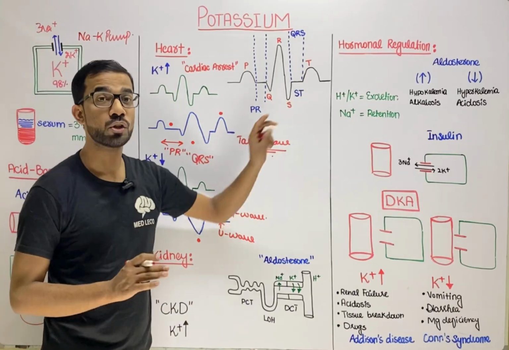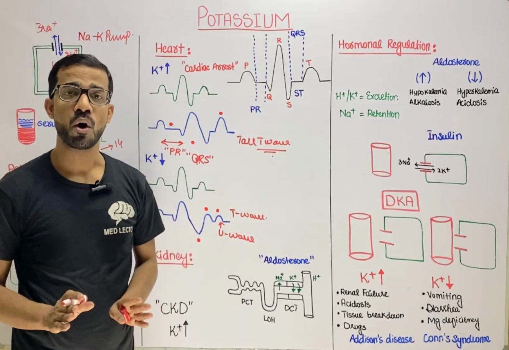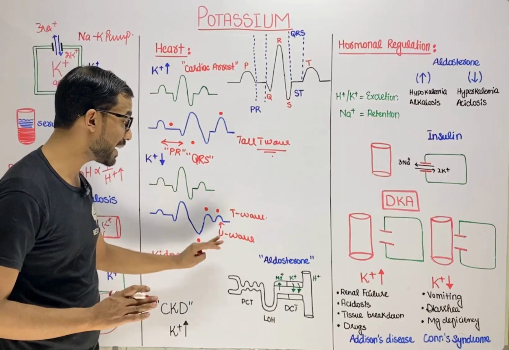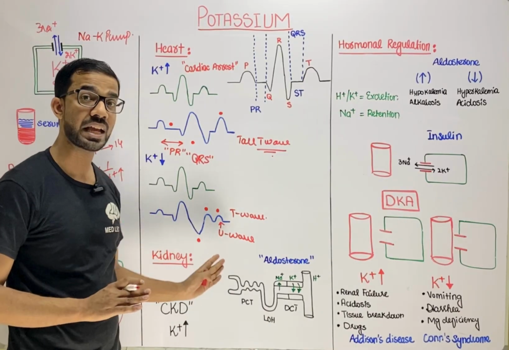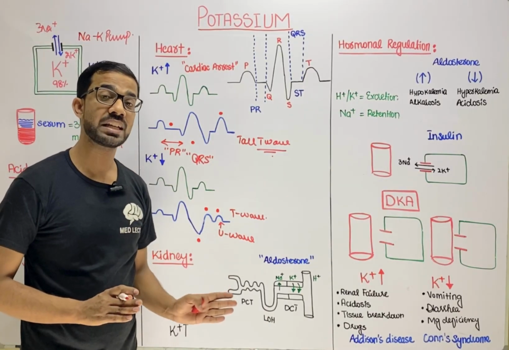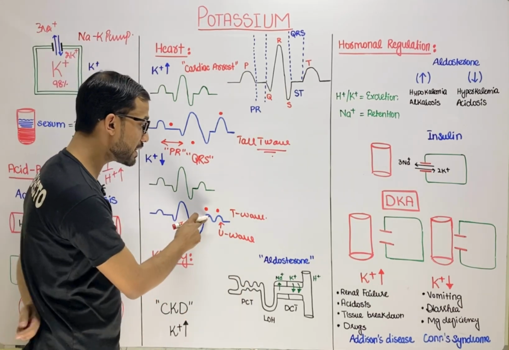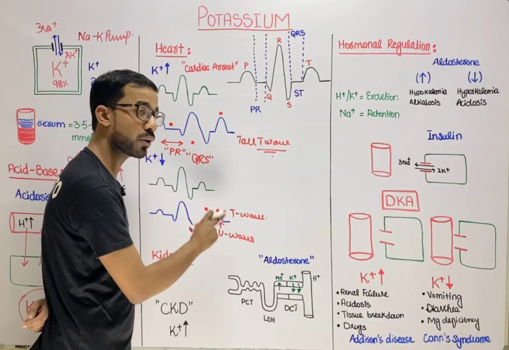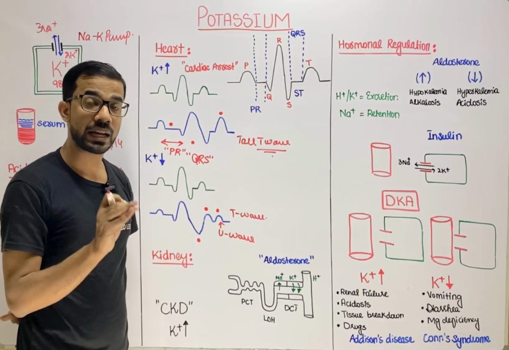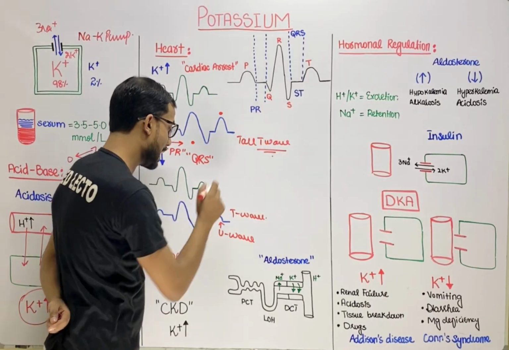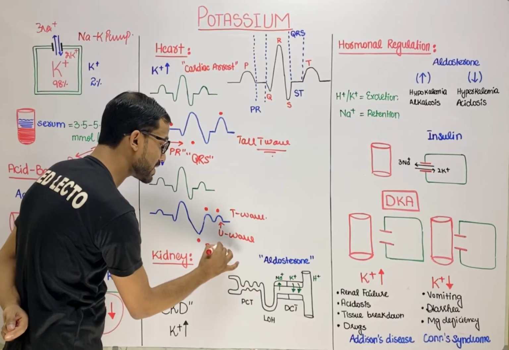Normally, after the T wave there will be no wave formation on the ECG, but during hypokalemia, after the T wave you will see formation of another wave, and that is the U wave. Reduced size of the T wave, formation of the U wave, and again you will see the depression of the ST segment.